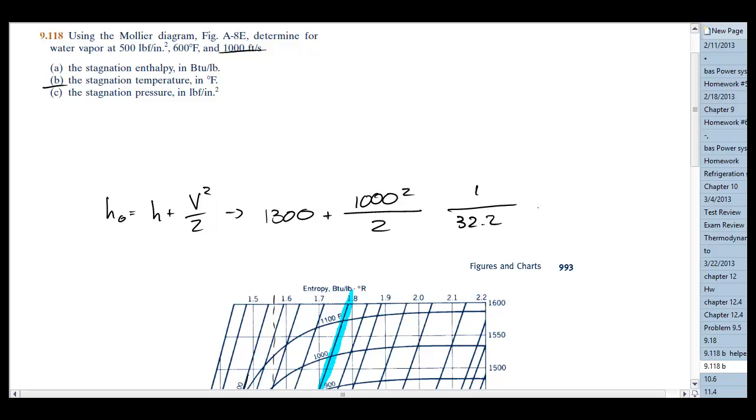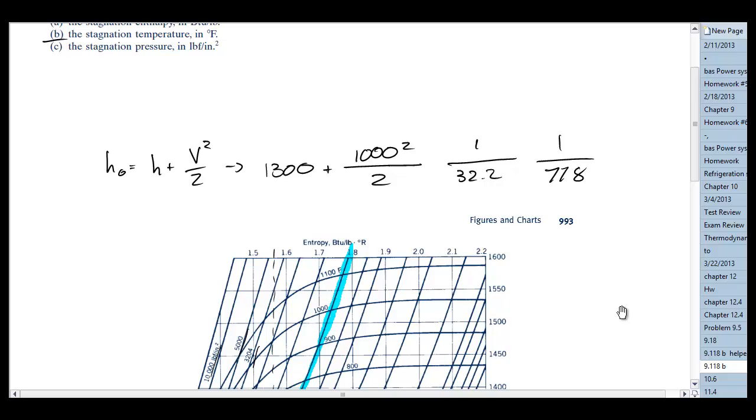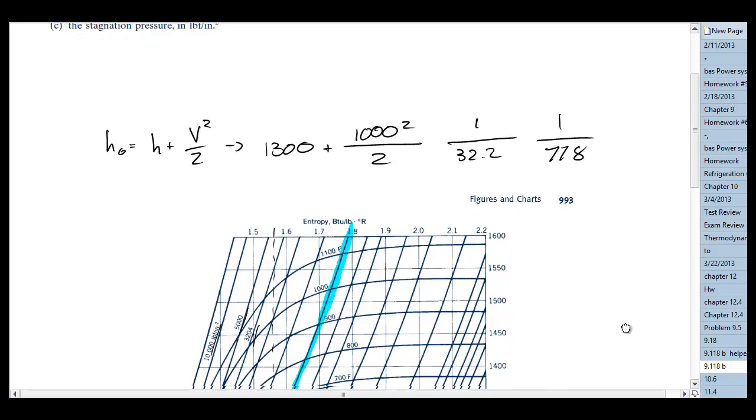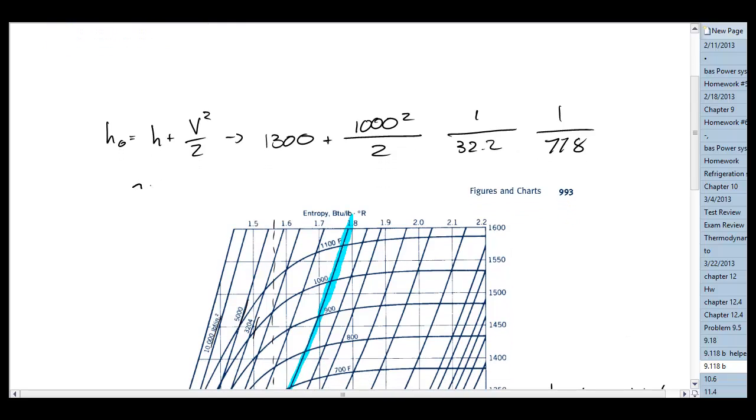We also have to do the conversion of pounds force into BTU, and so that's another 1/778. So when you do that, you're going to get something right around 1320.